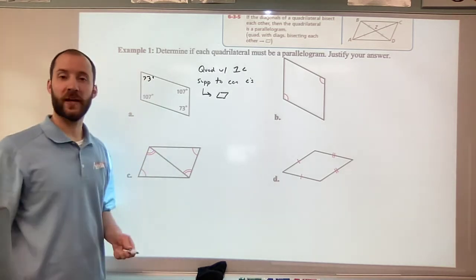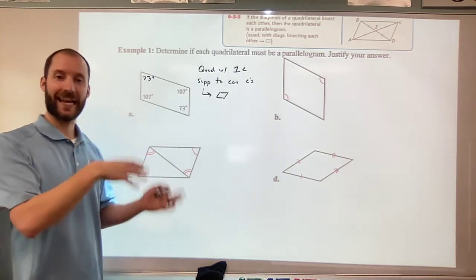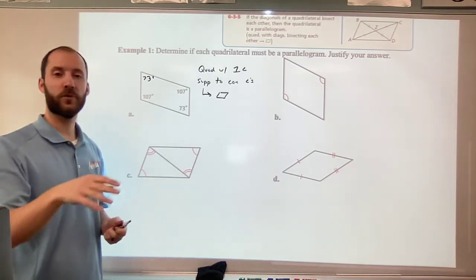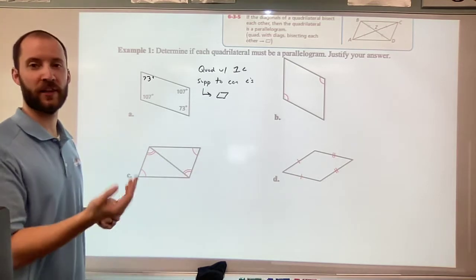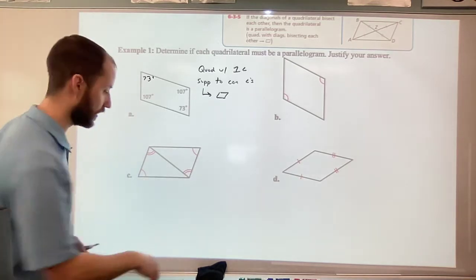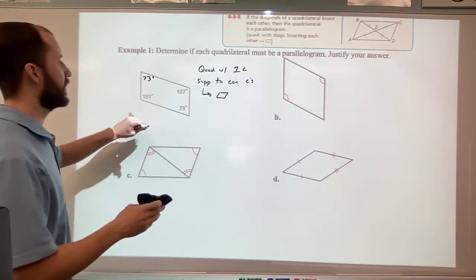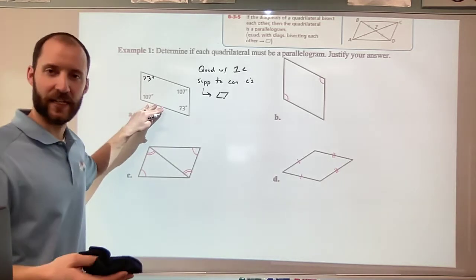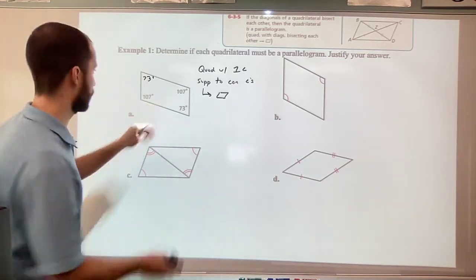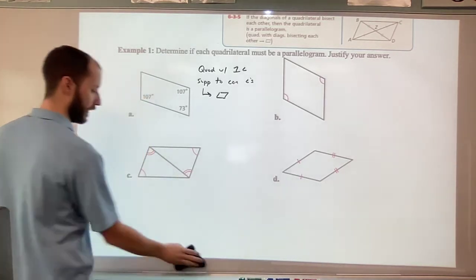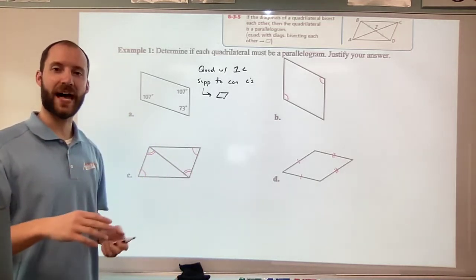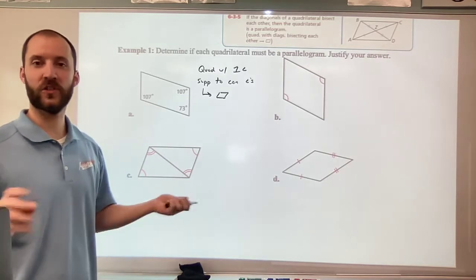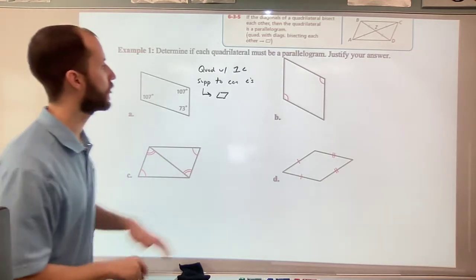Then both pairs of opposite angles are congruent, and both pairs of consecutive angles are supplementary, so it's a parallelogram that way as well. But that's kind of going additionally. What can we say further? Just based upon the information we have, do we have just enough to say it's a parallelogram?